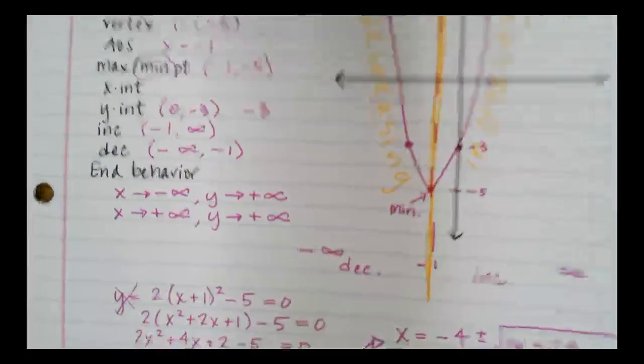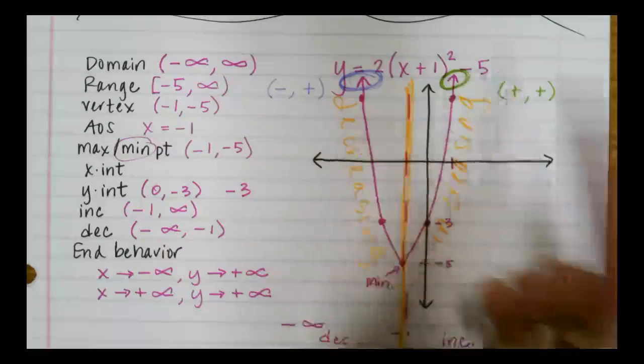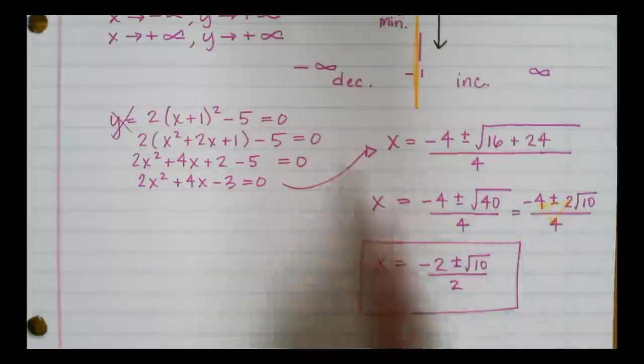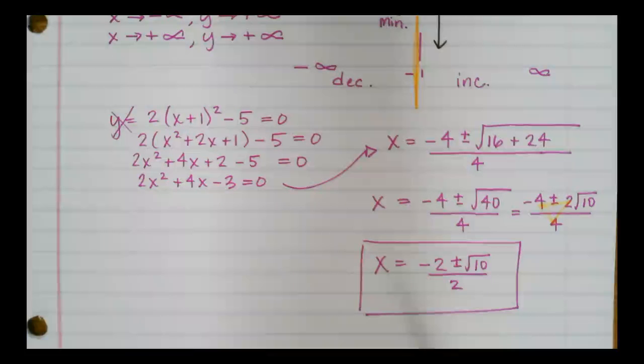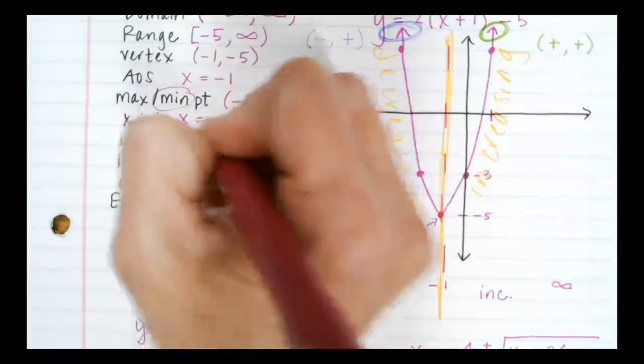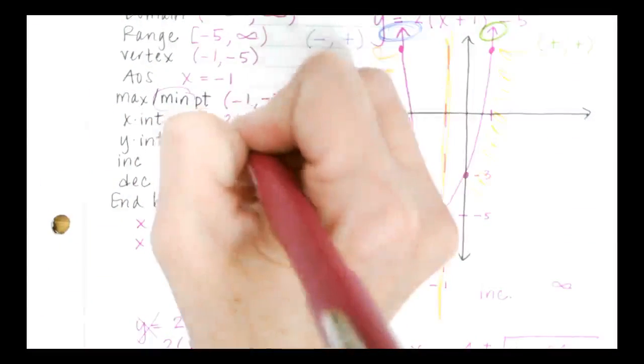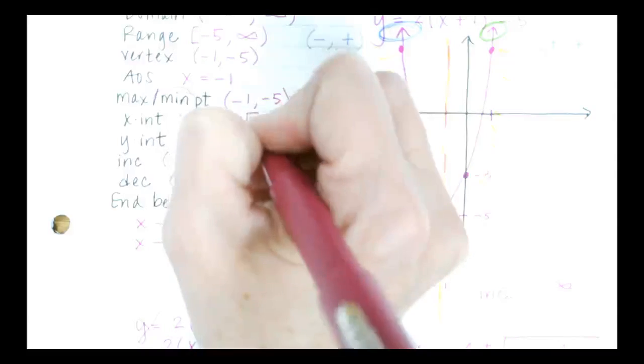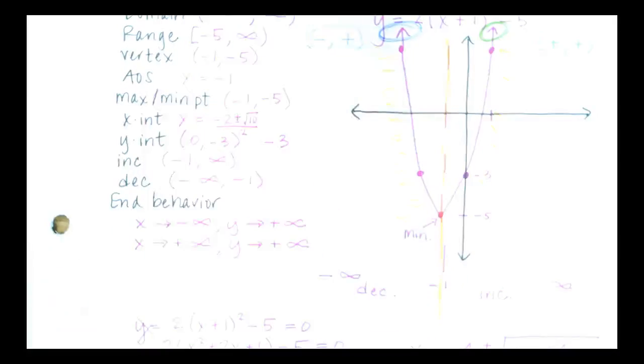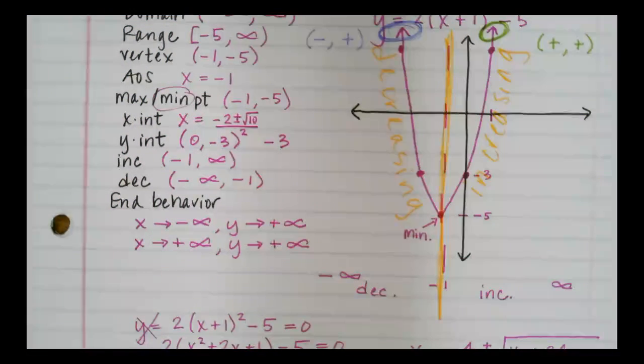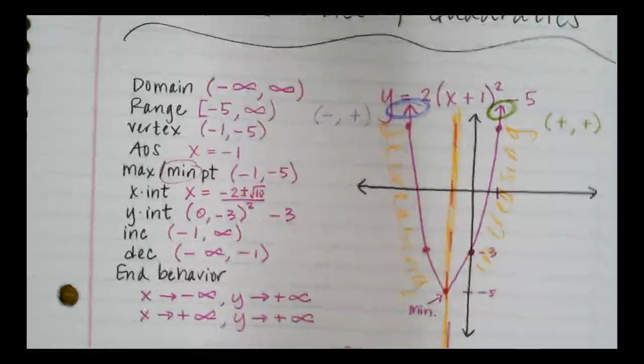So I knew that it couldn't be factored, and I didn't want to do completing the square with the odd number, so I chose to use quadratic formula. So the x-intercepts are x equals -2 plus or minus square root of 10, and all of that is over 2.